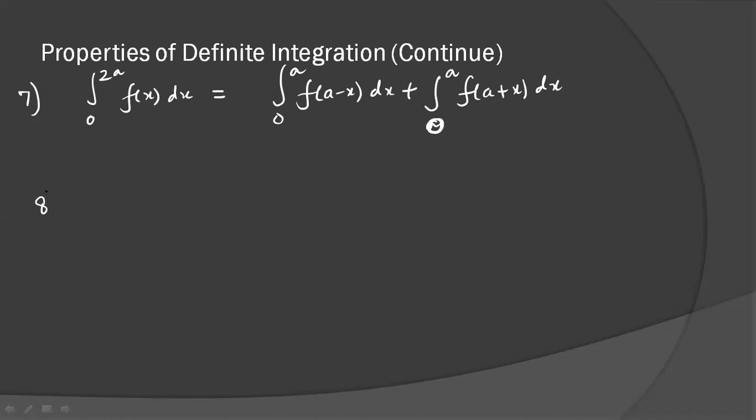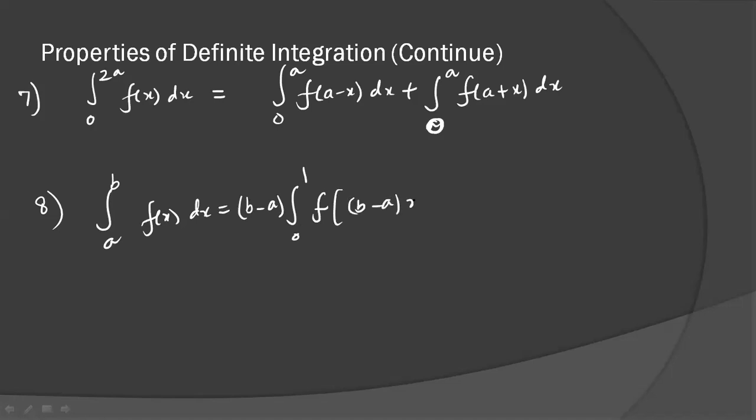The next property is a very useful property. If you have the integral from a to b of f(x) dx and you are willing to change the limit of integration to the form 0 to 1, it will be equal to (b − a) times the integral from 0 to 1 of f((b − a)x + a) dx.